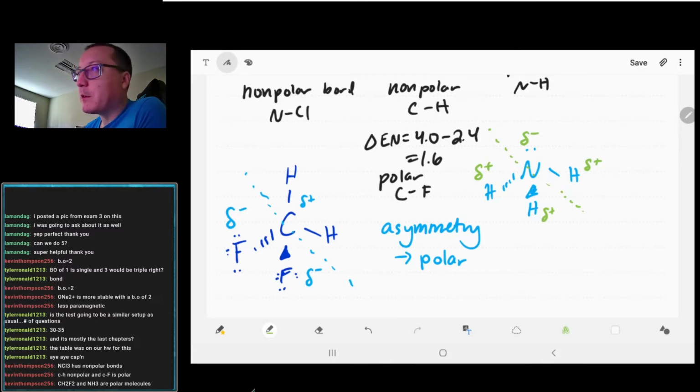Remember, a lone pair is not the same thing as an atom, right? A lone pair is not the same thing as a hydrogen. So again, we have asymmetry in this molecule. Remember that trigonal pyramidal stuff, if it's got polar bonds, has to be polar, right? So definitely going to be polar there.